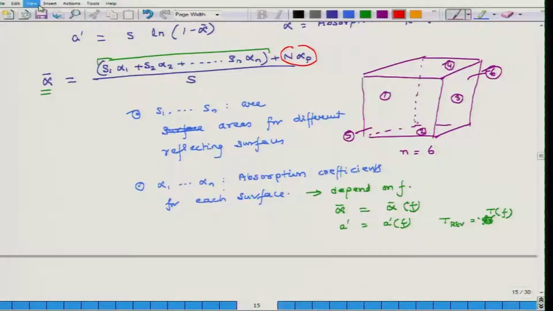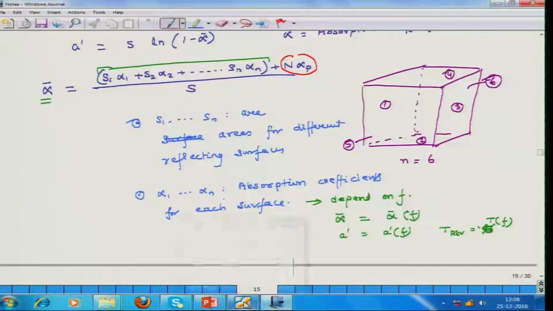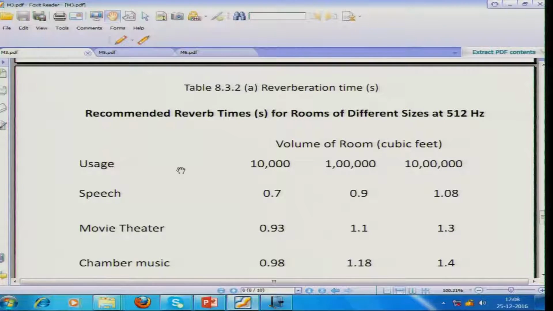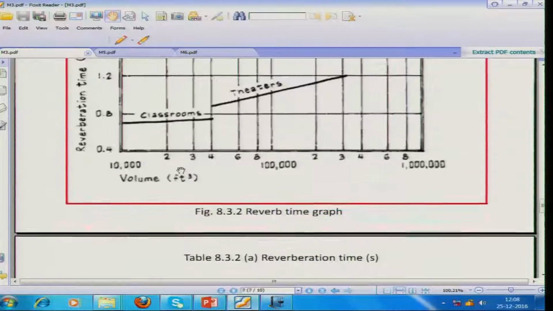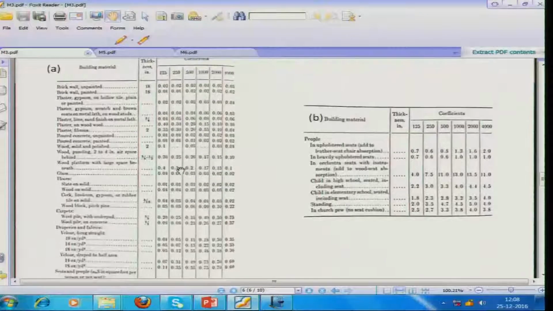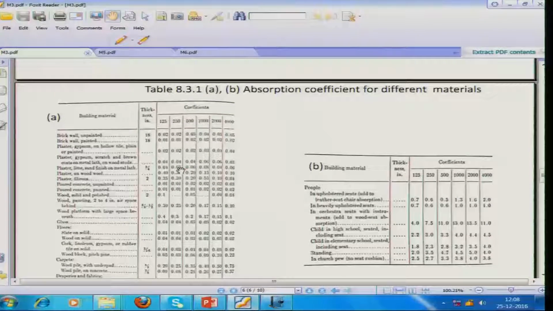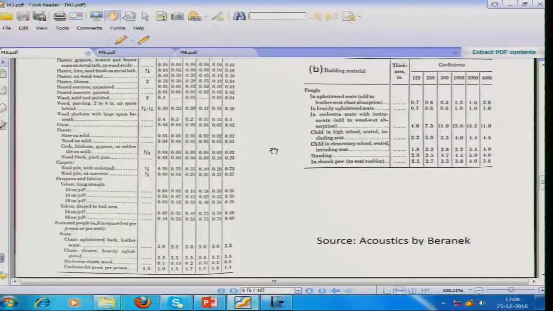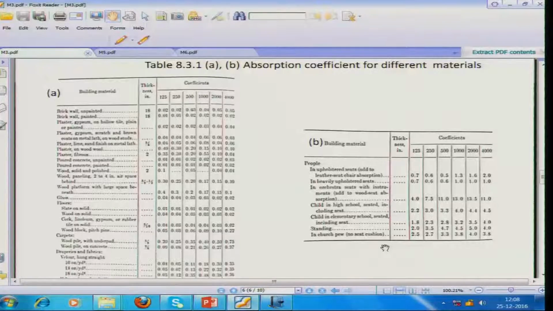So, these alphas you can find either from the internet or from standard books, because there is a lot of work which has been done to document values of absorption coefficient for different materials. Now, this is a table which I have taken from the book Acoustics by Beranek, and this is a photocopy of that table.